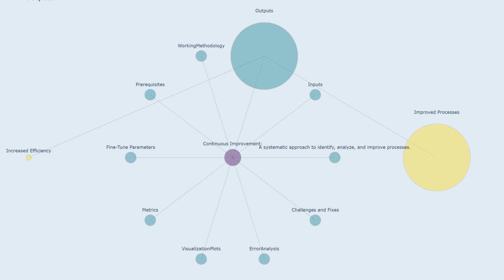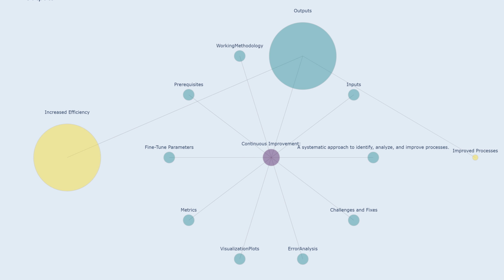Outputs: improved processes, optimized workflows, procedures, and systems that are more efficient, effective, and streamlined. These improvements may involve simplifying processes, automating tasks, or introducing new technologies to enhance productivity and reduce errors. Increased efficiency: the ability to achieve desired results with minimal waste of resources, time, money, materials, and effort.